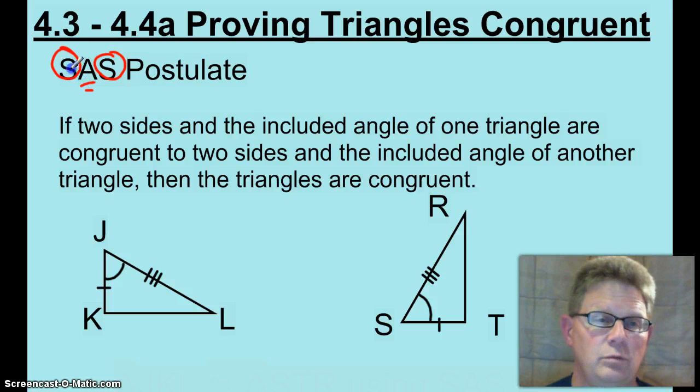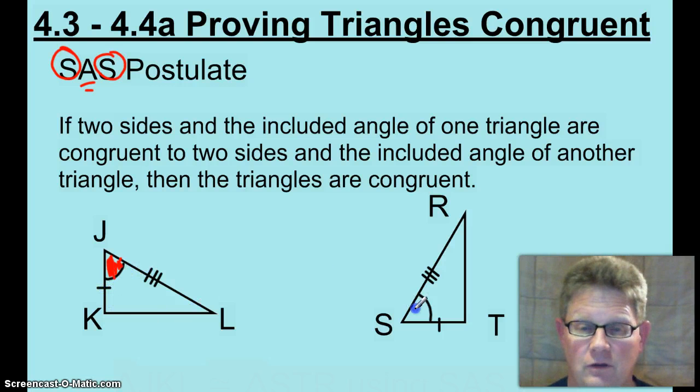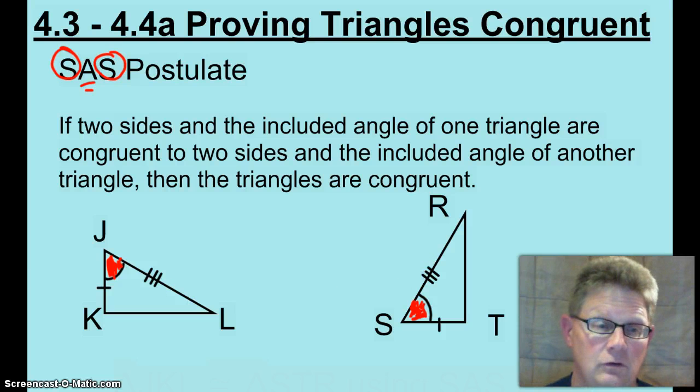Notice that the angle is between the two sides. Notice on here that this angle is included, it is between the two sides. This triangle over here, this angle is included, it's in between the two sides.